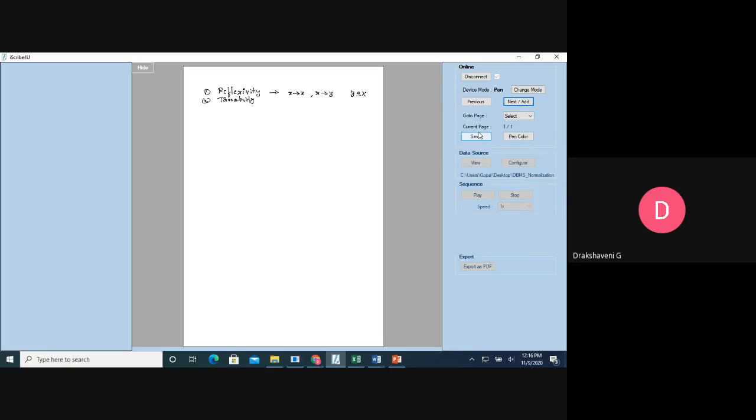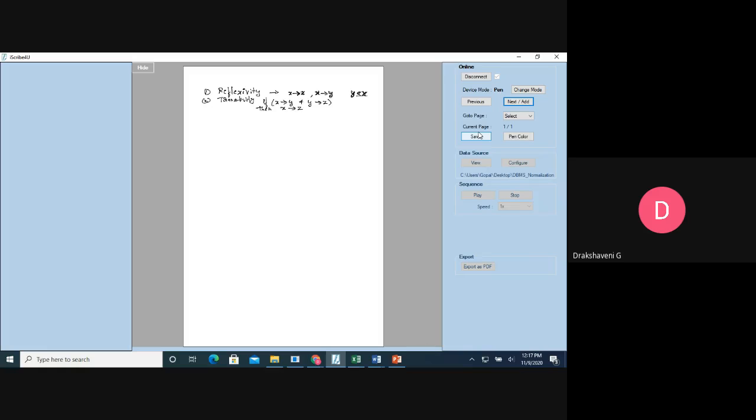Then what is transitivity? So transitivity, if X tends to Y and Y tends to Z, then X tends to Z. This we have seen about transitivity.